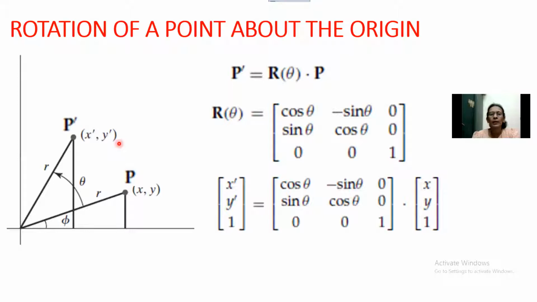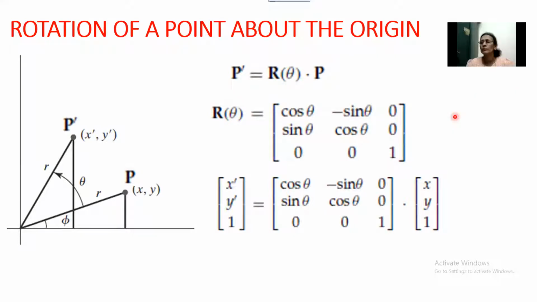The rotation matrix for rotation about the origin is R theta equal to cos theta, minus sin theta, 0; sin theta, cos theta, 0; 0, 0, 1.